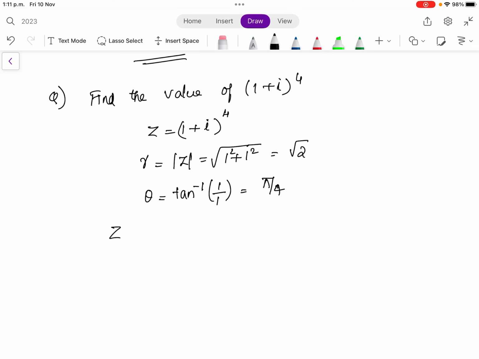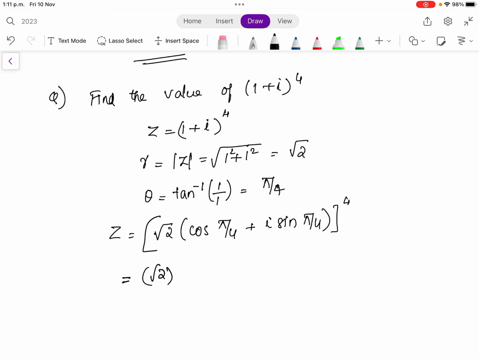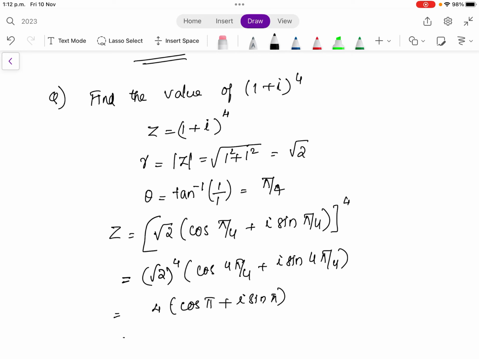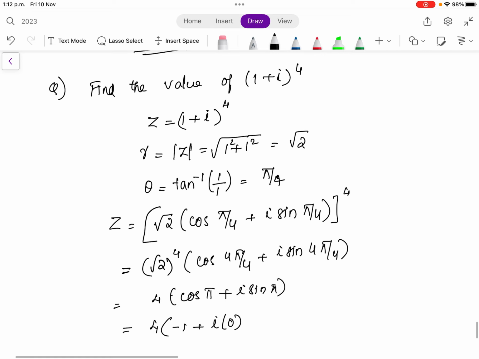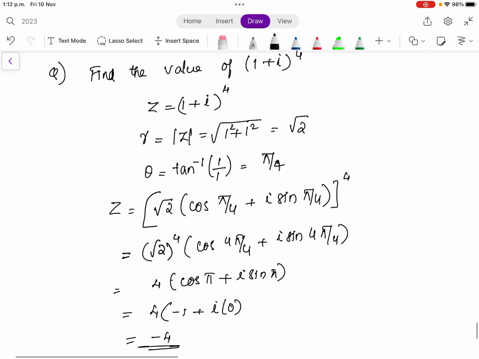So z to the power of 4 can be written as (square root of 2 (cos pi/4 + i sin pi/4)) to the power of 4, which can be simplified as (square root of 2) to the power of 4 (cos 4pi/4 + i sin 4pi/4), which can be further simplified as 4 (cos pi + i sin pi), which is 4 times (minus 1 + i times 0), that's equal to minus 4.